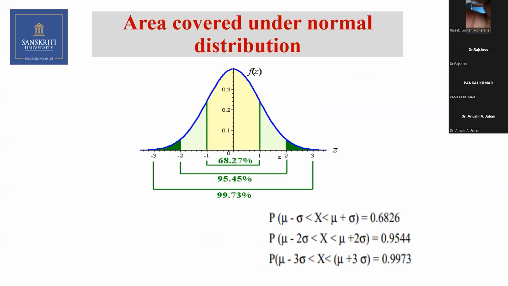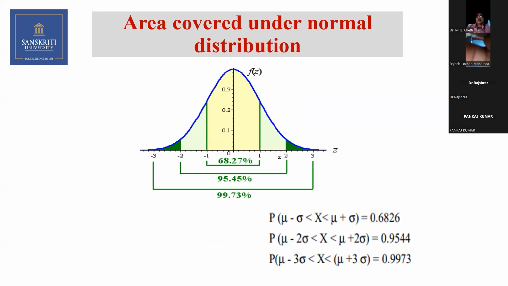You all know that the data should follow normal distribution whenever we take a sample. If you know the mean and standard deviation of any particular population, we can talk about the distribution. Mean plus or minus 1 sigma covers 68.27% of the total population.